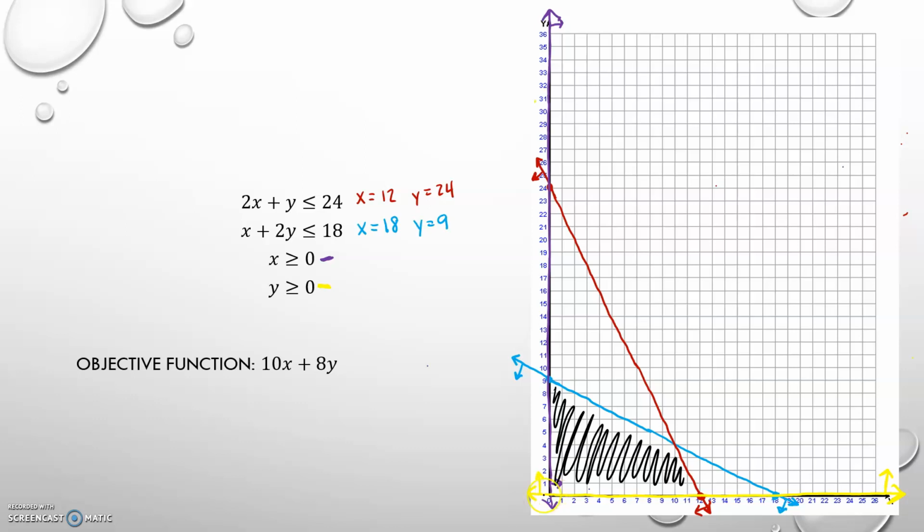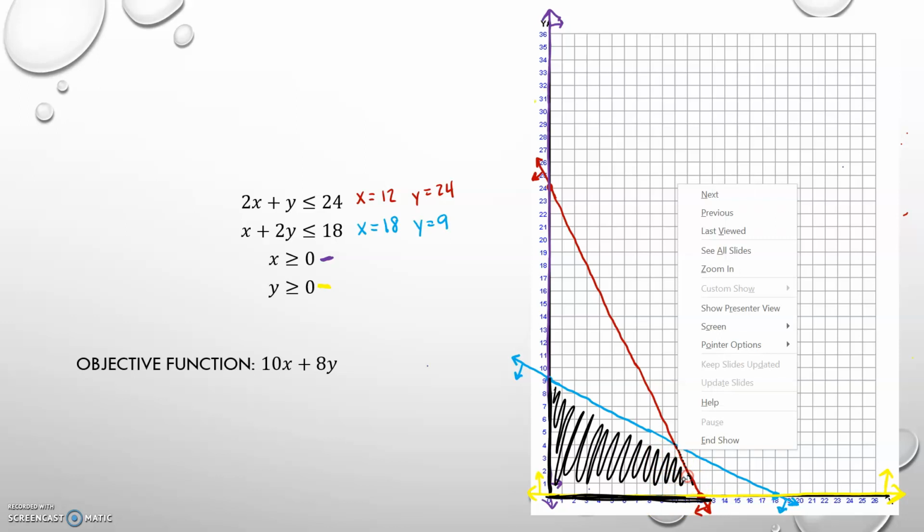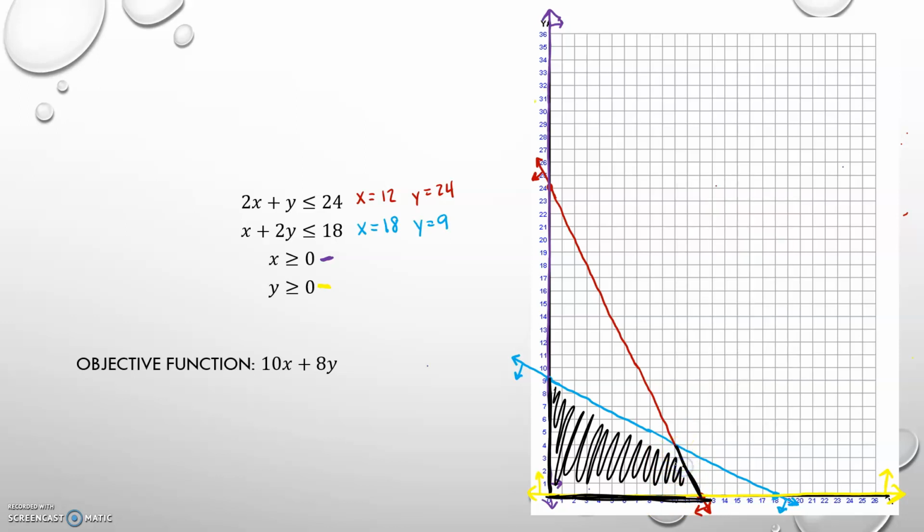So if I look at this shape here and I find my 4 vertices, I've got one here, here, here, and here. And those points are 0, 0, 12, 0, 0, 9, and then this point is 10, 4.